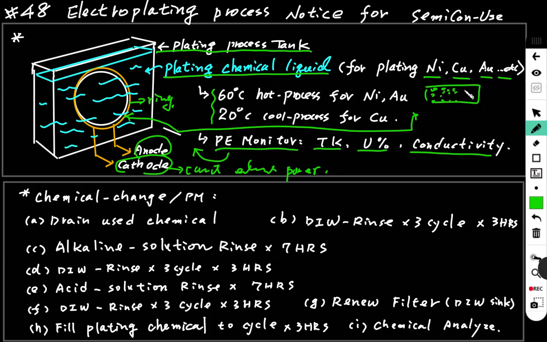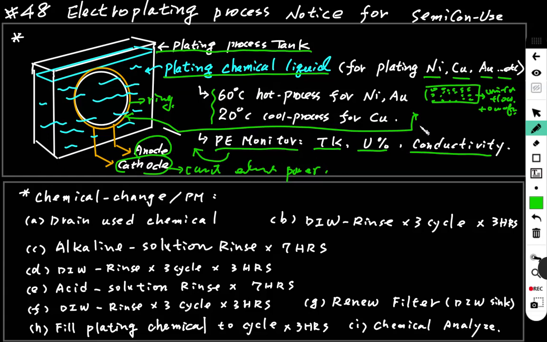It's a hole plate to let the chemical flow through it to do a uniform flow to the wafer.